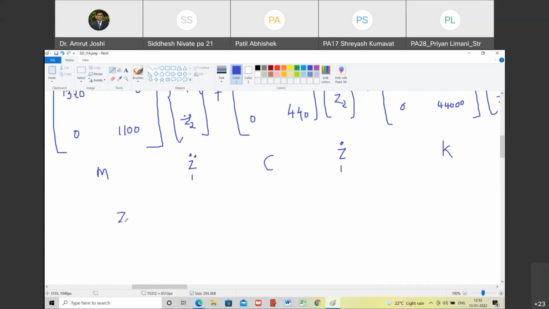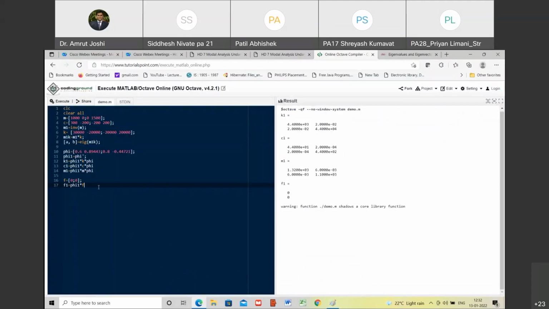So how do I write that? Z0 is equal to, what do we have to write? Phi inverse times U0. But what is U0? U0 is the matrix of boundary initial conditions, which we have to write here. So I will write it as U0.